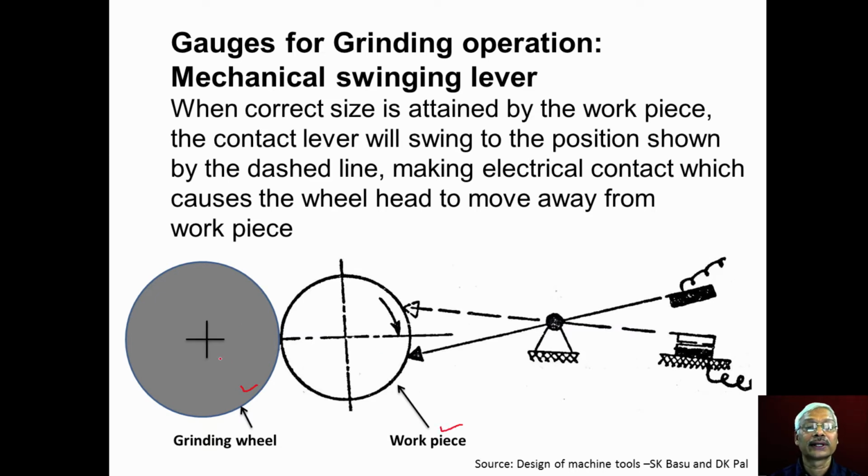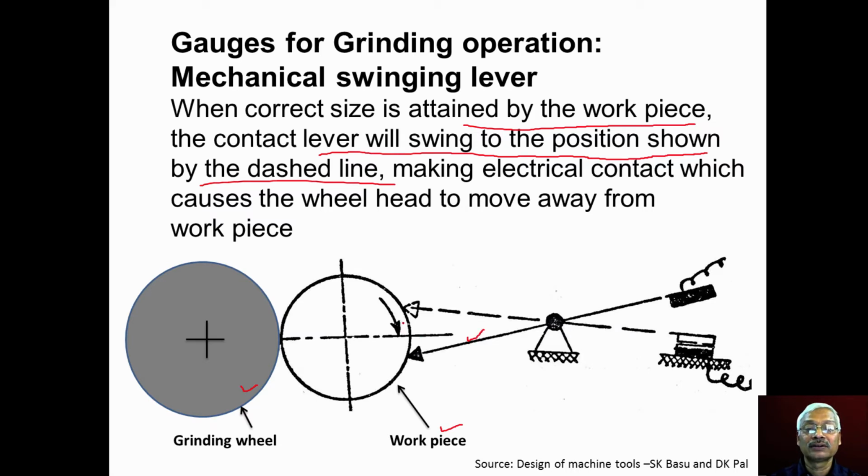Both are rotating in the proper direction, and there is a pivot which carries this lever. When the correct size is attained by the workpiece, the contact lever will swing to the position shown by the dashed line. So this is the initial condition of the swinging lever.